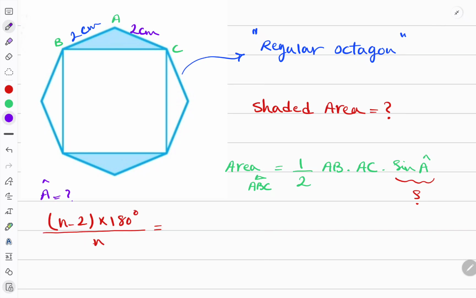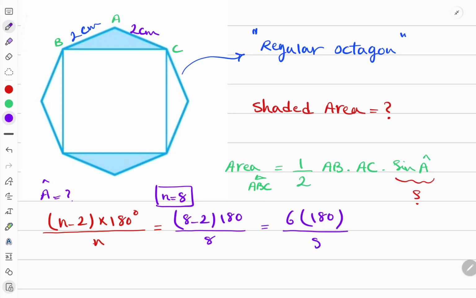The only thing that we need is to substitute 8 into this equation because octagon means 8 sides. So 8 minus 2 times 180 over 8, so 6 times 180 over 8.